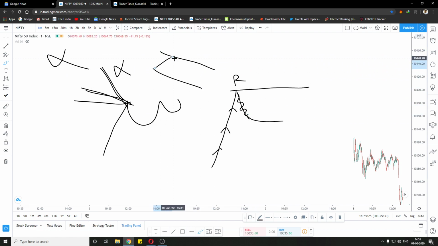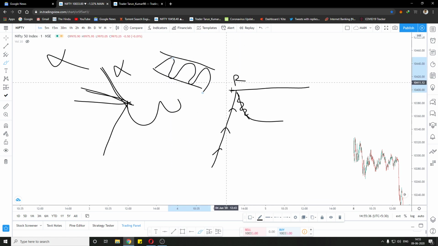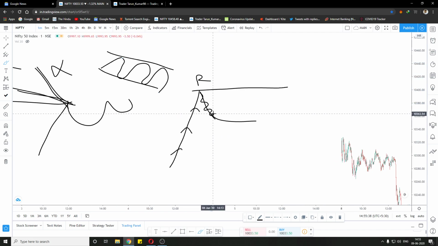If we compare the cup and handle to the bullish flag, then at least in the bullish flag the market was able to make swings, but in the cup and handle pattern the selling is very weak, so the market is not even able to make swings. So we have a rounding bottom type pattern.